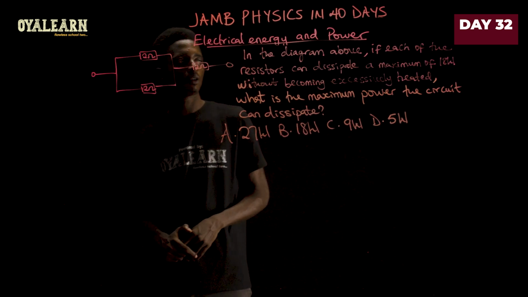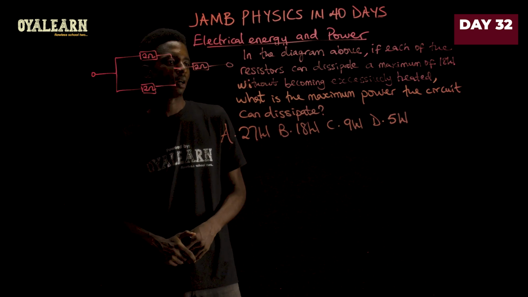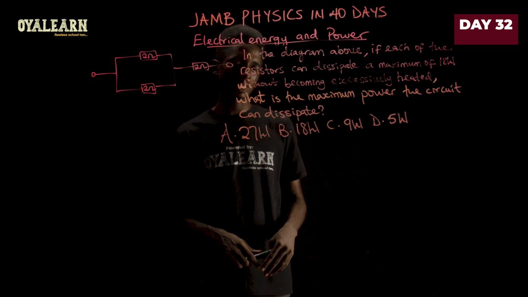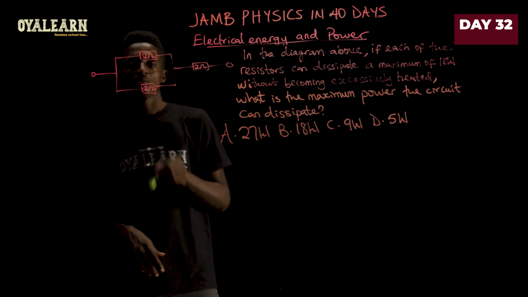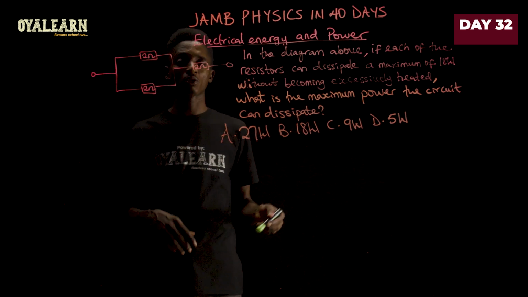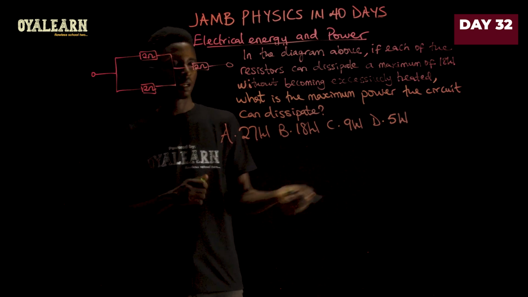In the diagram above, if each of the resistors can dissipate a maximum of 18 watts without becoming excessively heated, what is the maximum power the circuit can dissipate? Now, each of these will dissipate 18 watts. So let us find the current moving through each of the resistors.